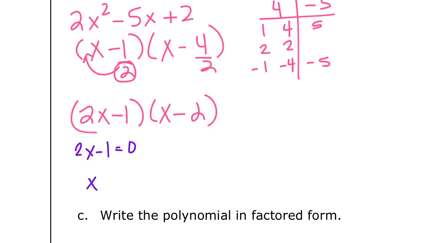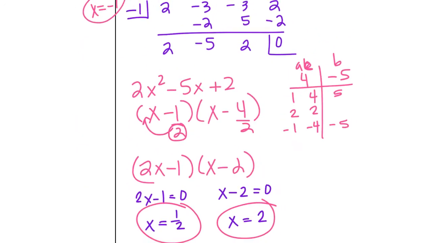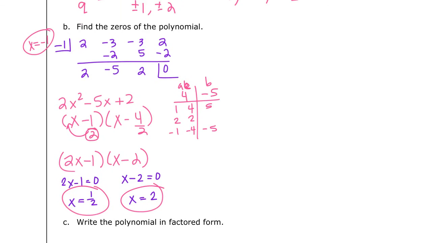So this one tells me that x equals positive 1/2. And if I set this one equal to 0, x equals positive 2. So now I have all three of the ones that I need. So if it says find the zeros, we got them. It's negative 1, positive 1/2, and positive 2.